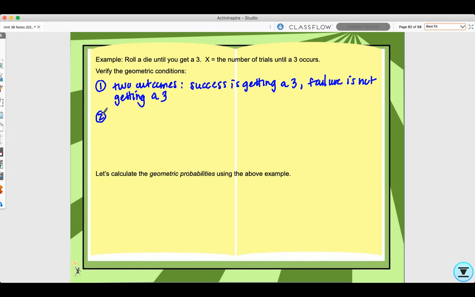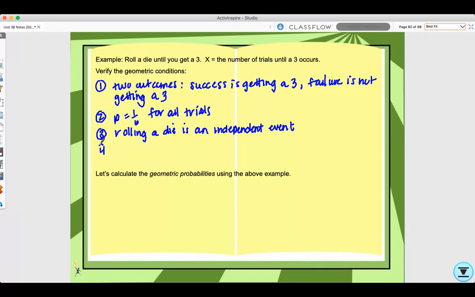Two, the probability of a success is 1/6 for all trials. Three, rolling a die is an independent event. Four, roll a die until the first 3 is obtained.